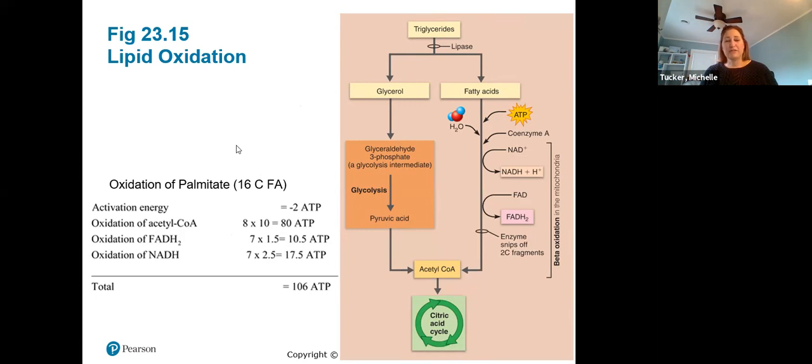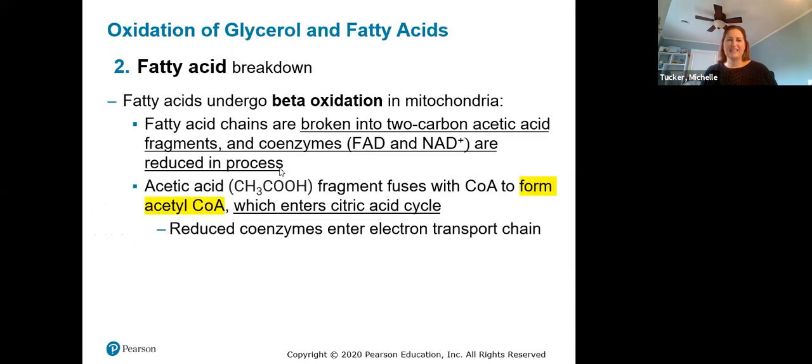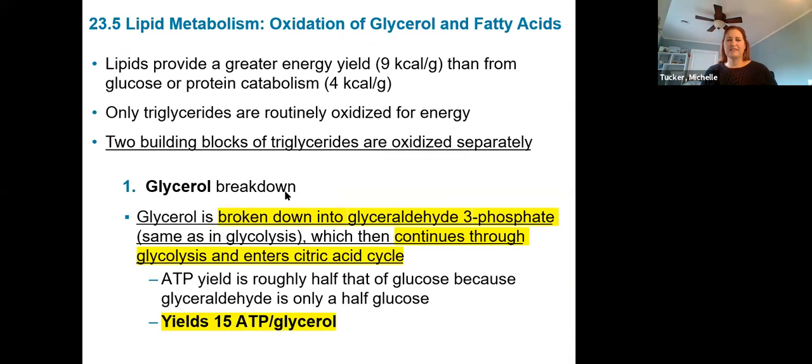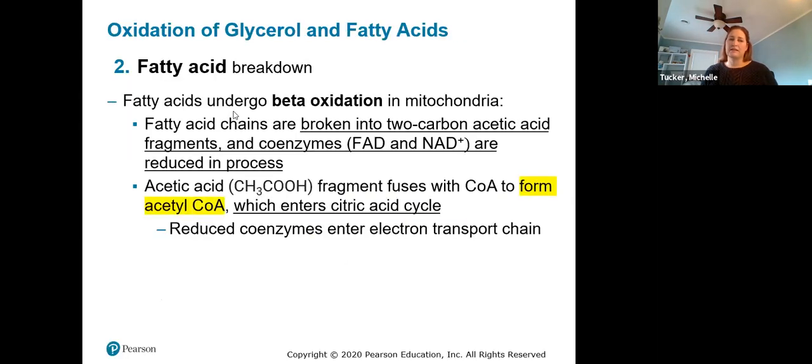So what you do need to know, okay, is that glycerol is broken down to glyceraldehyde 3-phosphate, which then goes to pyruvate, which then enters the citric acid cycle, and it will generate 15 ATP. The fatty acid component gets broken down into acetyl-CoA, so that 2-carbon fragment.